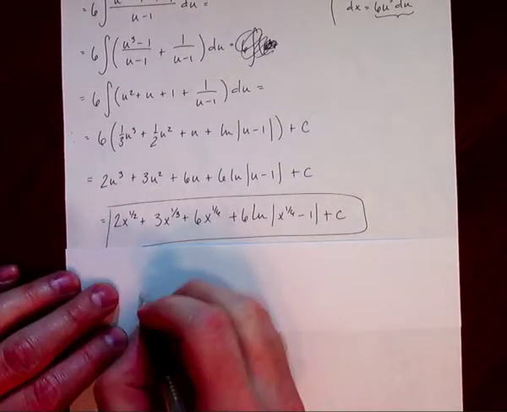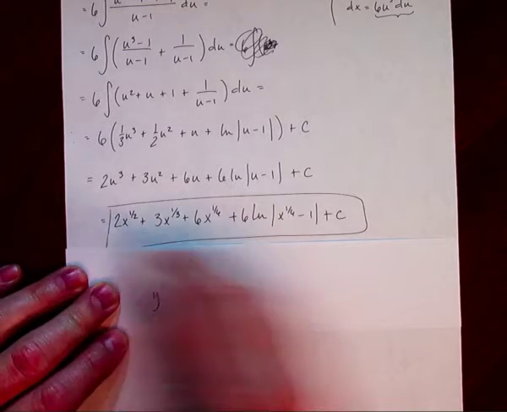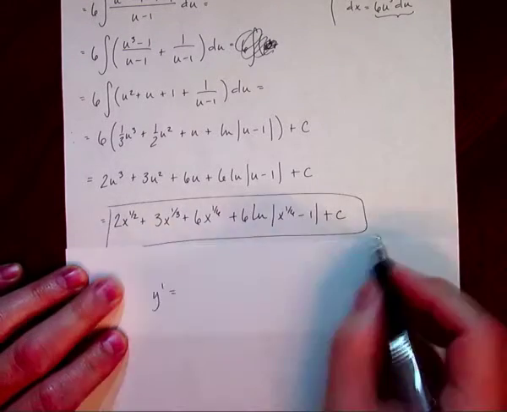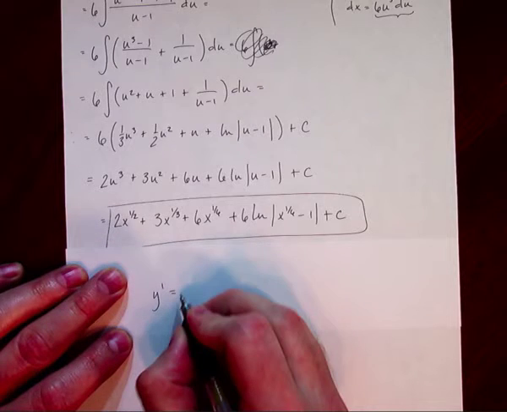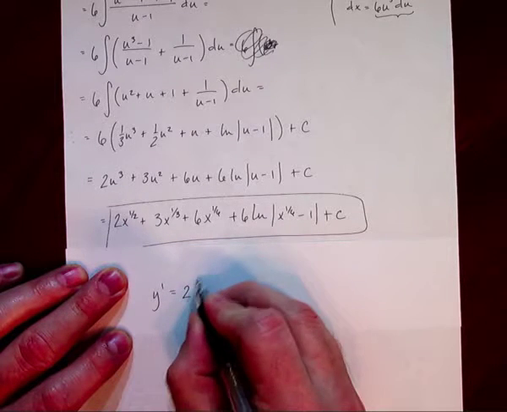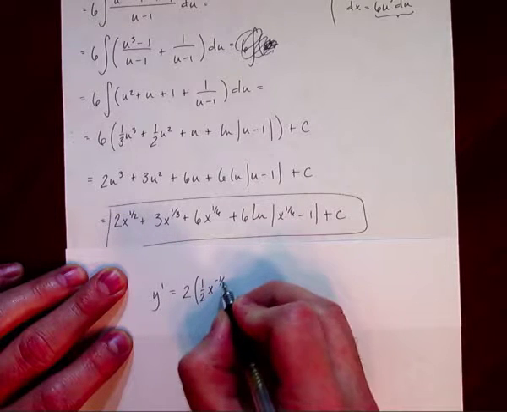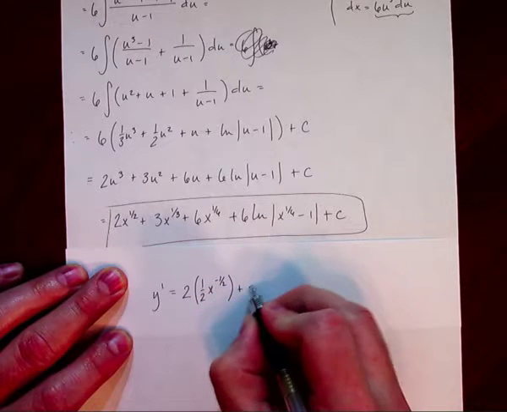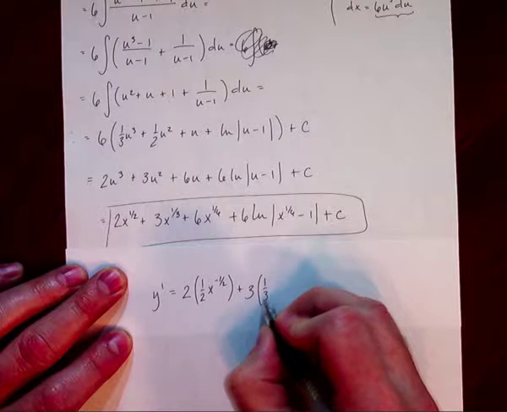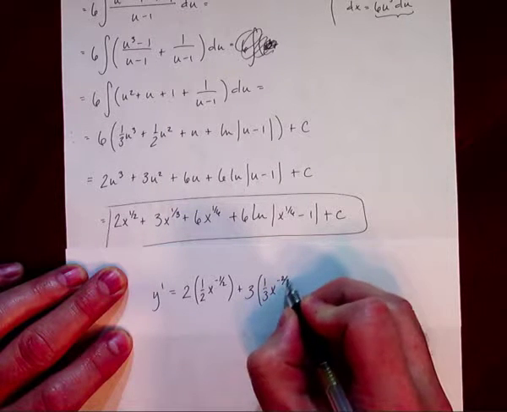Okay. Let's go ahead and just take the derivative of this. I'm not going to rewrite it. I'm just going to take the derivative. That winds up being, coefficient comes along for the ride, and the derivative of x to the 1/2 is 1/2 x to the negative 1/2. The 3 comes along for the ride, and it's 1/3 x to the negative 2/3.